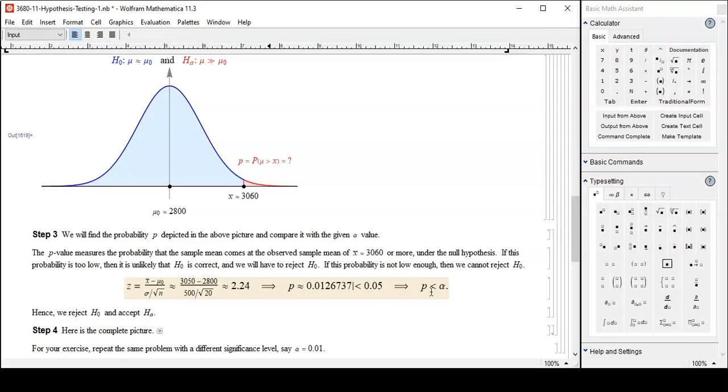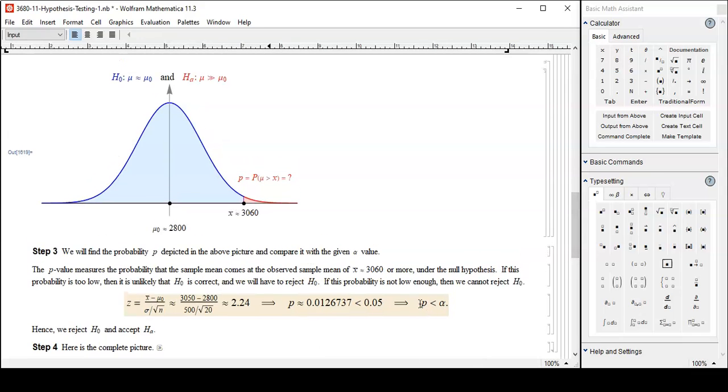So it is less than the alpha value, but what does that mean? It means the probability for type 1 error is less than the threshold. What is type 1 error? You have to remember, type 1 error is the probability of error rejecting the null even though it is right. So that danger is pretty low. So we're going to go to alternative.